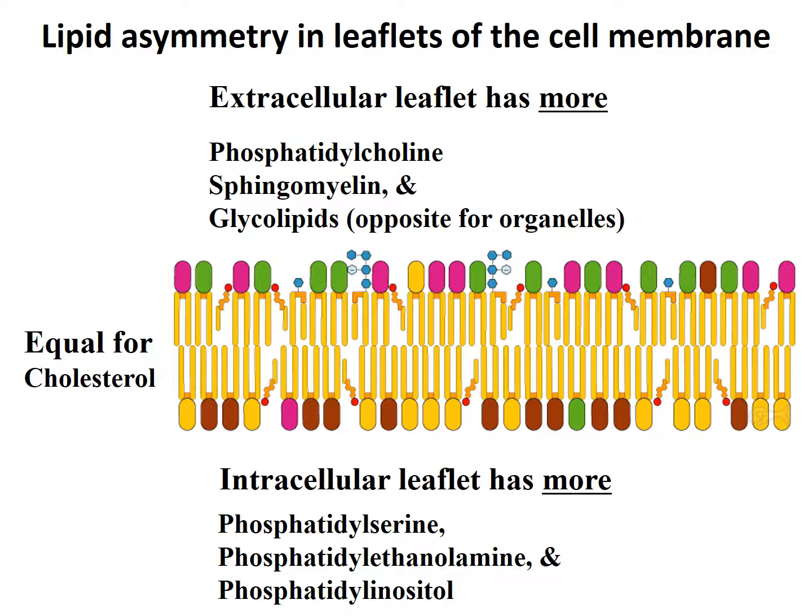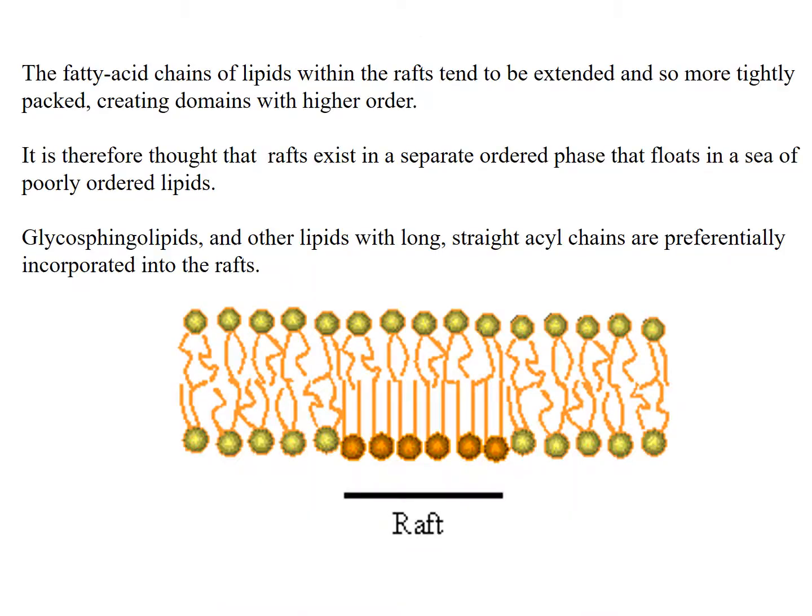And there's pretty much equal amounts of cholesterol here. And cholesterol makes this different fluidity than just the surrounding lipids there. So they tend to be extended, more tightly packed. They create these microdomains, and they float on a sea.